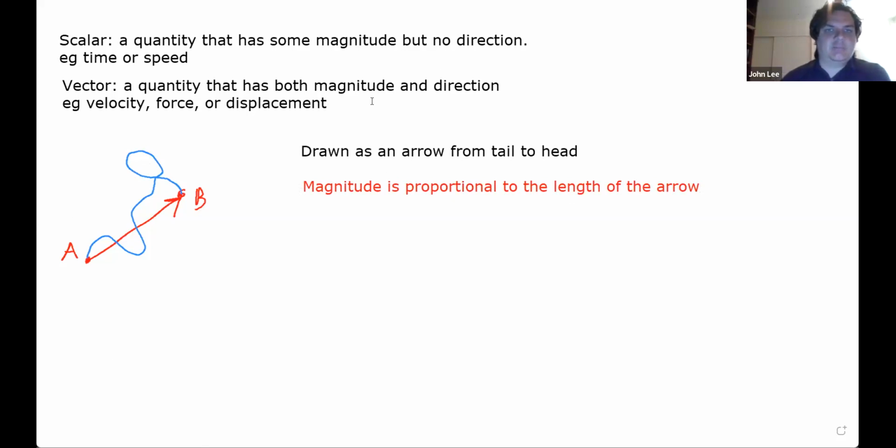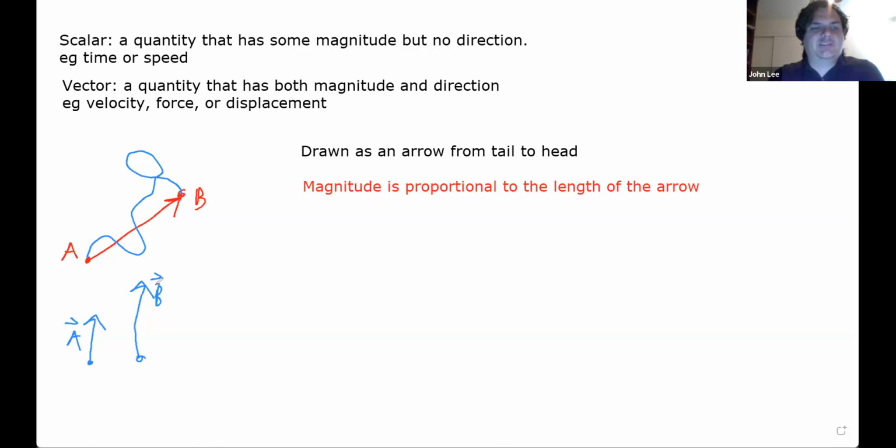So if we're talking about two vectors A and B, which are both force vectors, that's a kind of janky arrow for B, but you get my point.